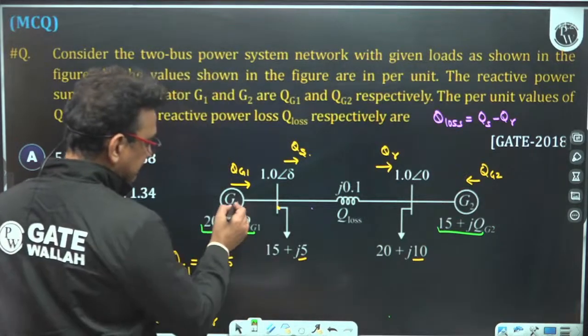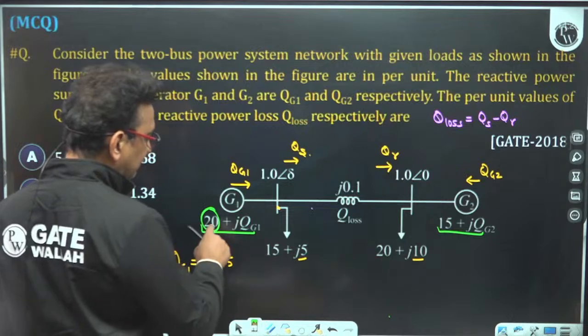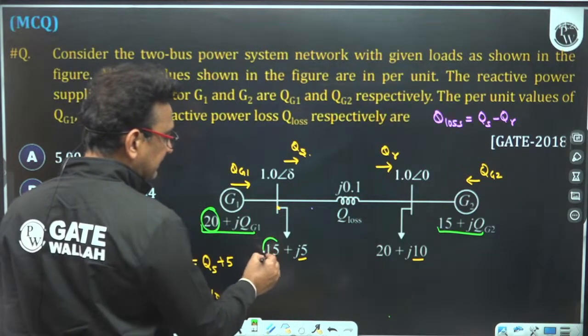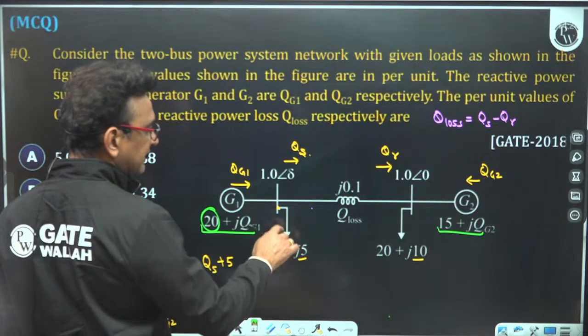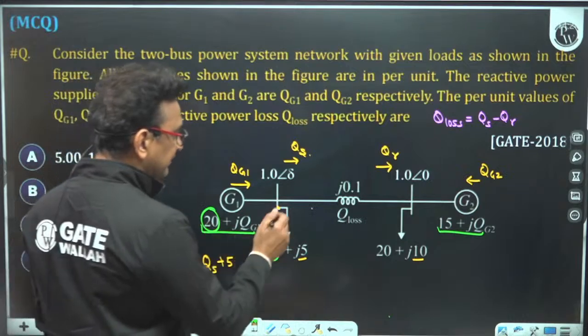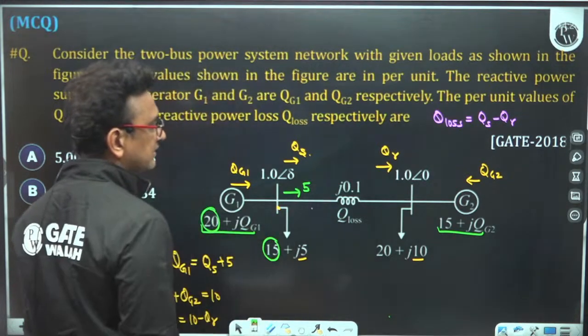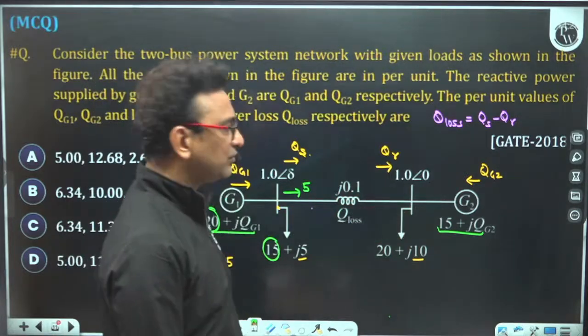The active power generated by the generator G1 is 20 PU. Out of this 20 active power, 15 has been supplied to the load connected at this bus bar. So 20 minus 15, the 5 PU active power will move from the sending end to the receiving end. This is clear.